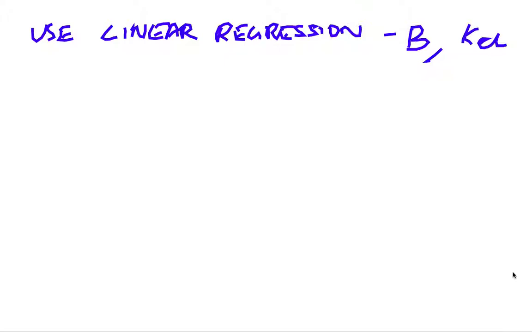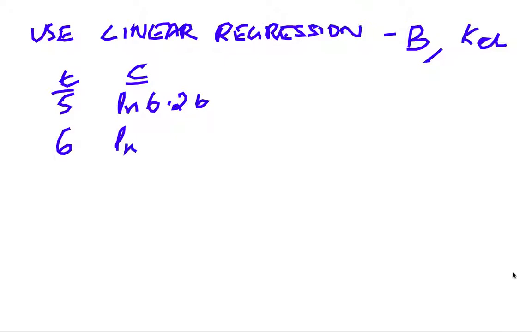When you use linear regression in your calculator, you have to get to the statistics mode, clear all the data that is already there, and then for time, you will use 5 hours, and for concentration, you would use the natural log of 6.28, and so on. So for 6 hours, natural log of 6.11.